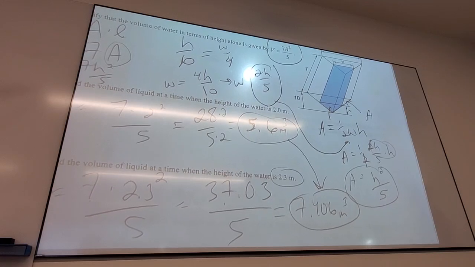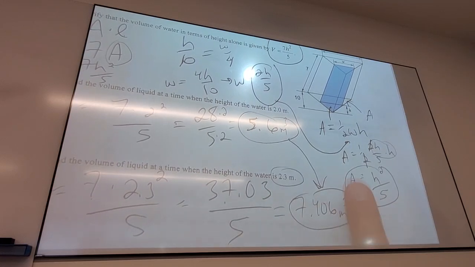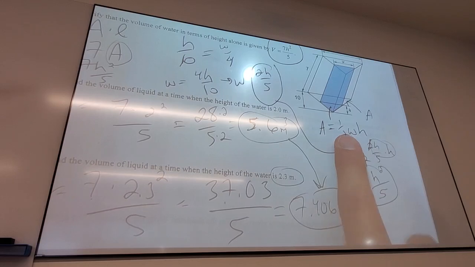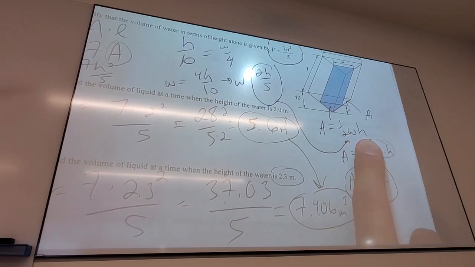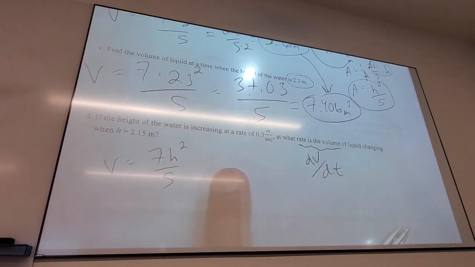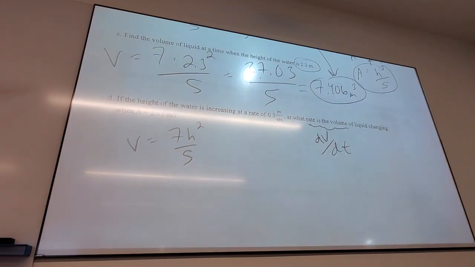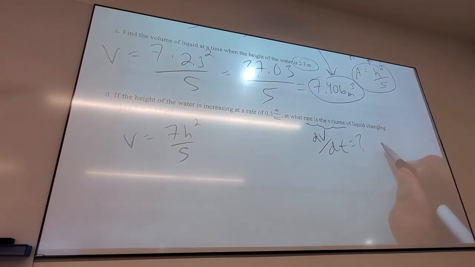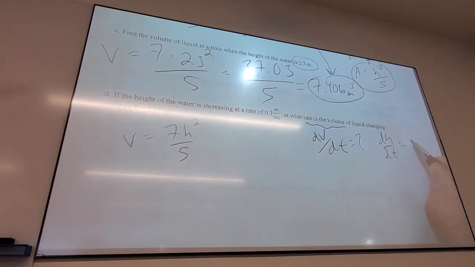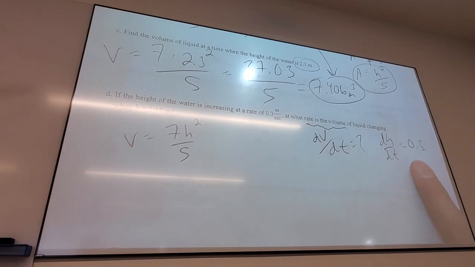If your formula has more than one variable in it, most often we want to get rid of one of them. Do I tell you anything about how the width is changing? What do I tell you? So I ask you this, and I tell you dH dt is 0.3, careful.